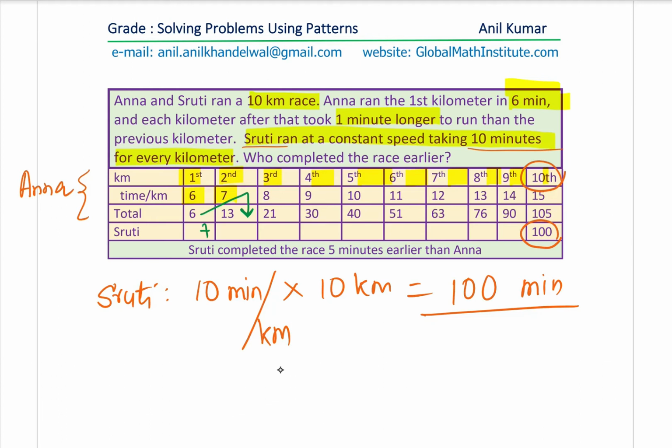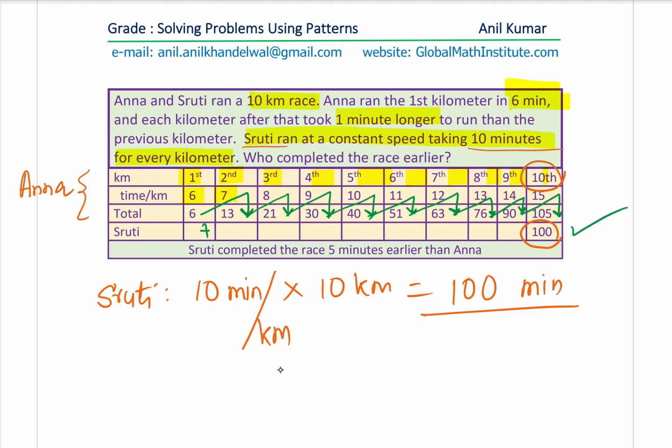At the end of second kilometer, it took her 13 minutes, and then she took 8 more minutes, 21 minutes in all, 9 more minutes, 30 minutes in all, 10 more minutes, 40 in all, 11 more minutes, 51 in all, 12 more minutes, 63 in all, 13 more minutes, 76 in all, 14 more minutes, 90 in all, 15 more minutes, and 105.